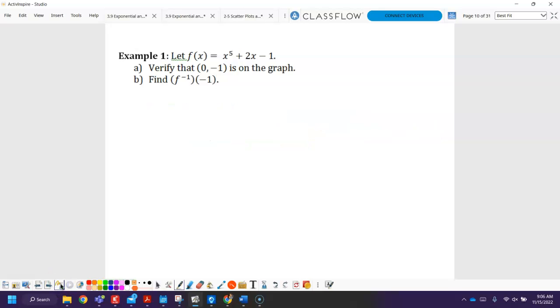So let f of x equal x to the fifth plus 2x minus 1. We want to first verify that (0, negative 1) is on the original. So I want to show that f of 0 equals negative 1. If (0, negative 1) is on the original, then what point is on its inverse?